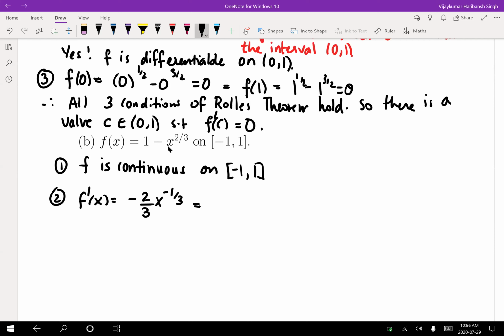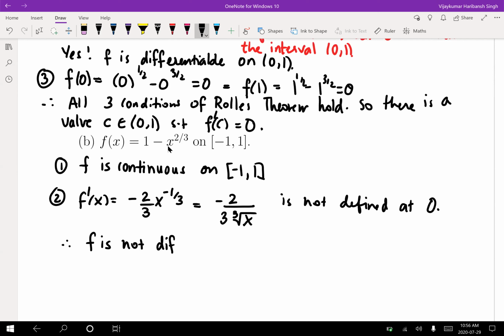The proper way to see negative powers is to look at it this way. It is not defined at 0, right? Therefore, f is not differentiable on minus 1 to 1, and hence what?